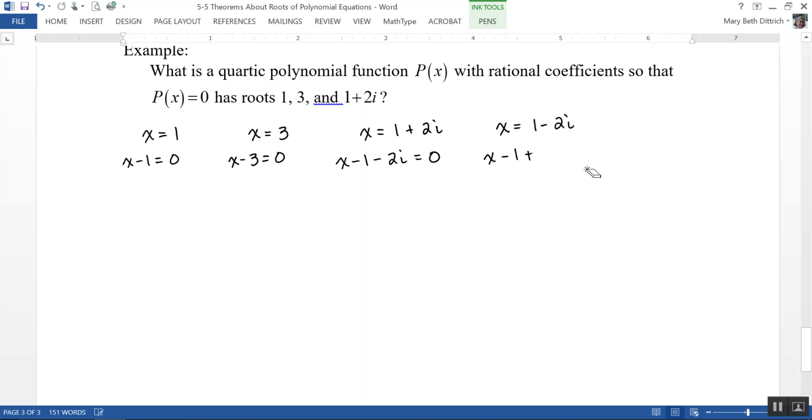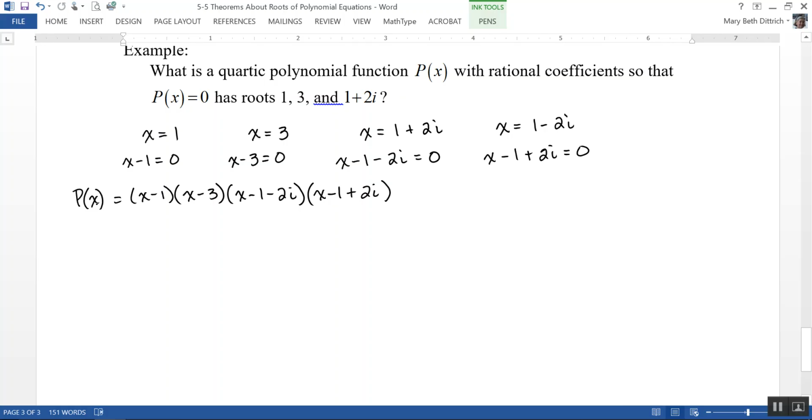Let me rewrite that, it's a little sloppy. Okay, so I have to multiply all of those out. Basically what I want is x minus 1 times x minus 3 times x minus 1 minus 2i times x minus 1 plus 2i. And that's what my function p of x is going to be equal to.